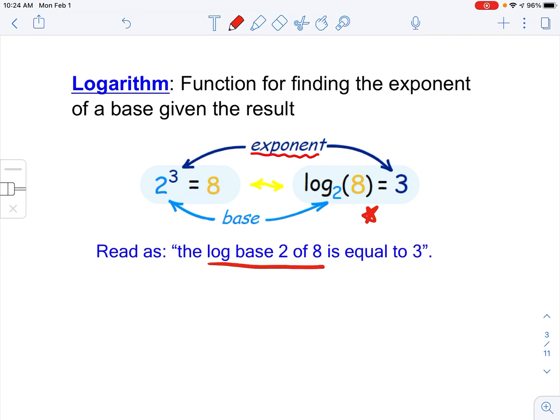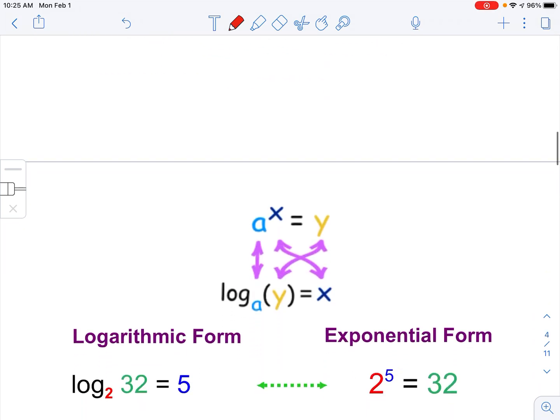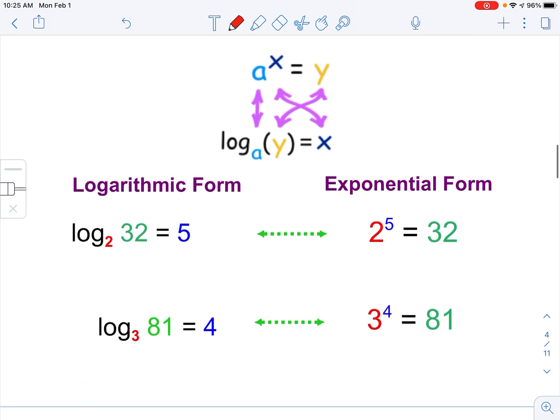But as we can see, it is directly related to an exponential equation. And every single one of these will be related to exponential equations. So a vital skill that we're going to need from this section is converting from one form to the other. Okay? So here we have a few more examples. A question might ask you, put this in logarithmic form, put this in exponential form.